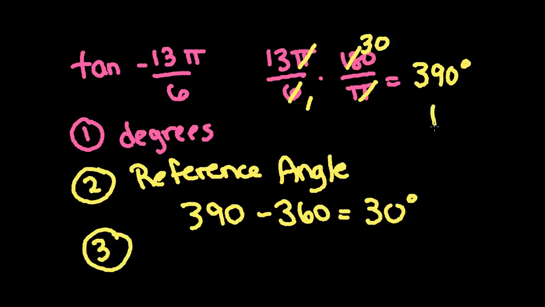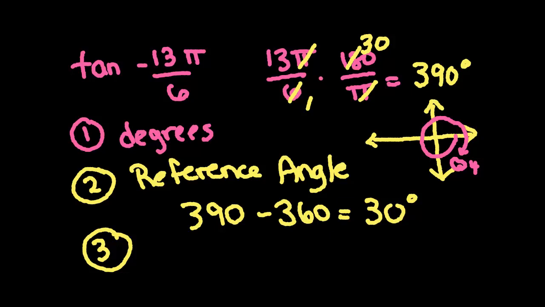So if I look at 390, but moving in the opposite direction because we have a negative, well, 360, I went all the way around in this direction, and then I went an extra 30 degrees. So I ended up here in quadrant 4.